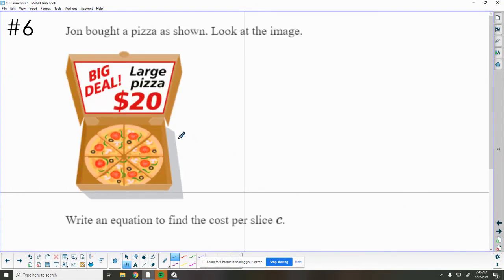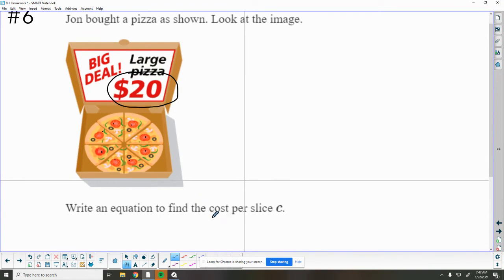Okay, I'm going to skip to number 6 now. So it tells us that John bought this pizza. So it has 1, 2, 3, 4, 5, 6, 7, 8 slices, and it cost him $20. So we're going to write an equation to find the cost per slice, and we're going to call that C for the cost.